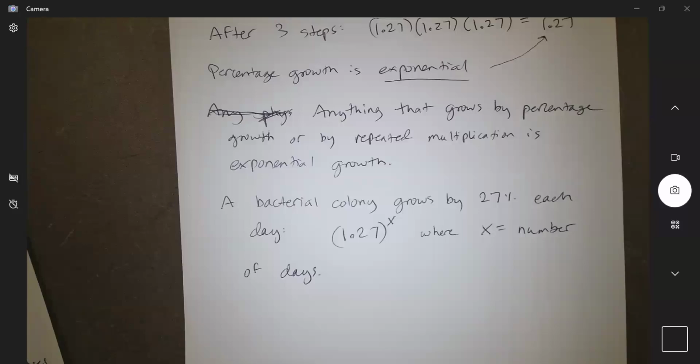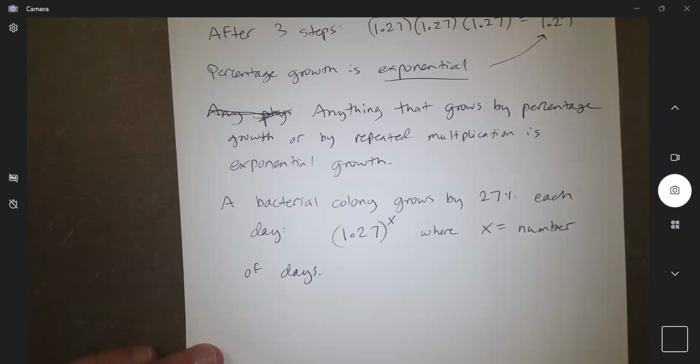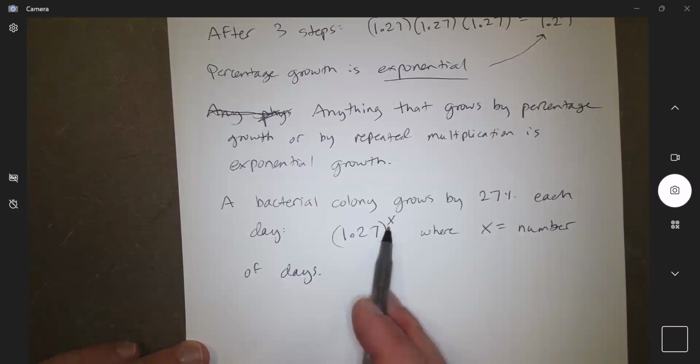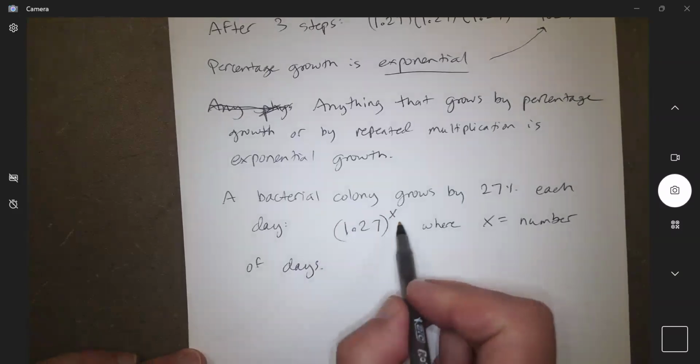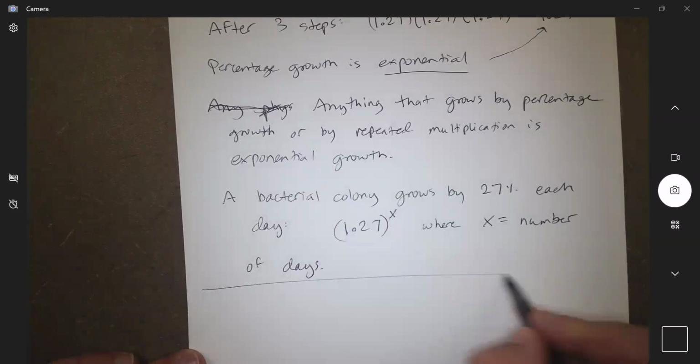Okay. Now, that's my basic exponential growth idea. I take a base and I raise it to a number of powers. But what if that bacterial colony starts off at a certain size? All right, so this kind of just describes the growth.